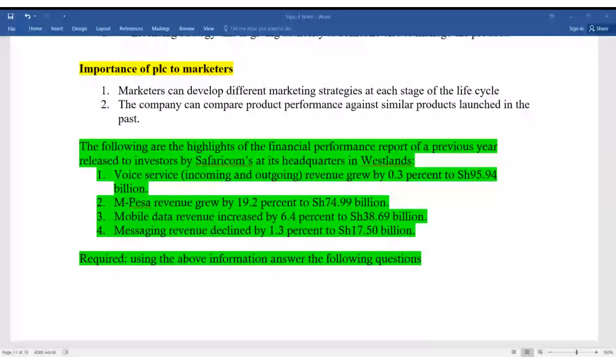So the PLC is very key. Even in a small business, for example, you may have a restaurant selling beef and ugali, rice and vegetables, or tea, and you can measure your restaurant's performance depending on which type of item is selling and the rate of sales that you generate from it.